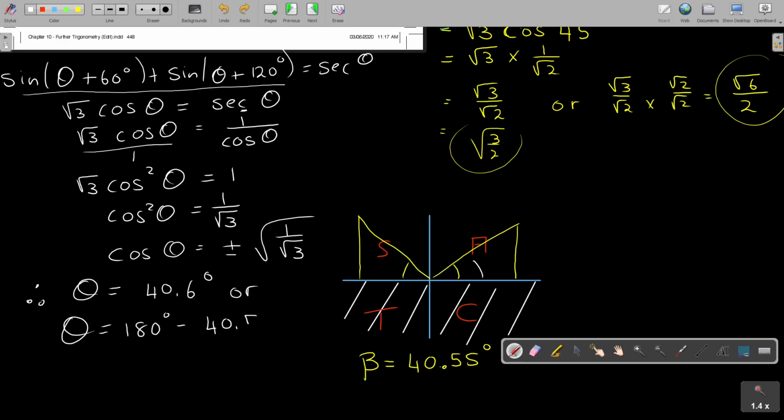First work with your basic angle. So it's 180 minus 40.55, and that is going to be 139.5. Okay, so it's 40.6 or 139.5, and that is going to be your final answer.